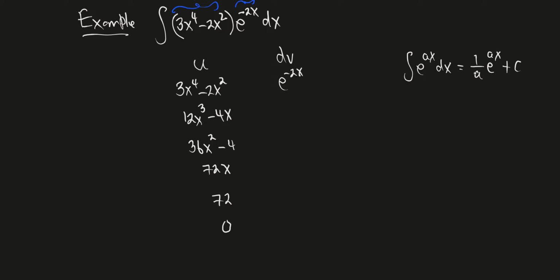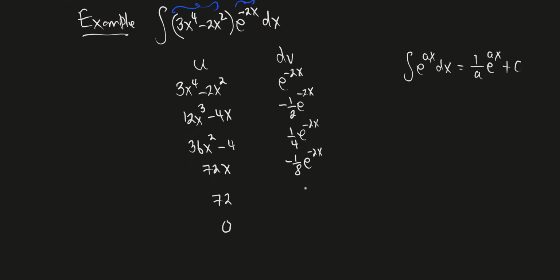That's why this formula is so useful. When we integrate once, we get negative 1/2 e to the negative 2x. Integrate again, I'm going to have a positive 1/4 e to the negative 2x. Integrate a third time, negative 1/8 e to the negative 2x.